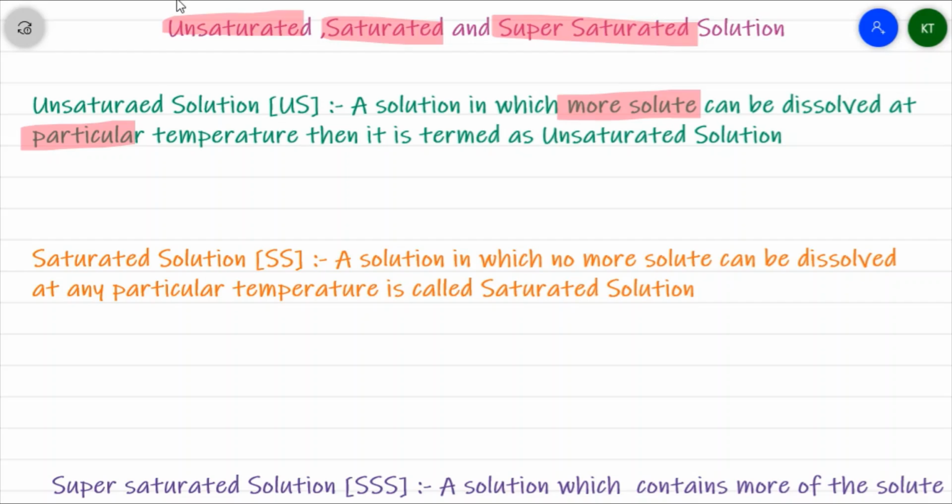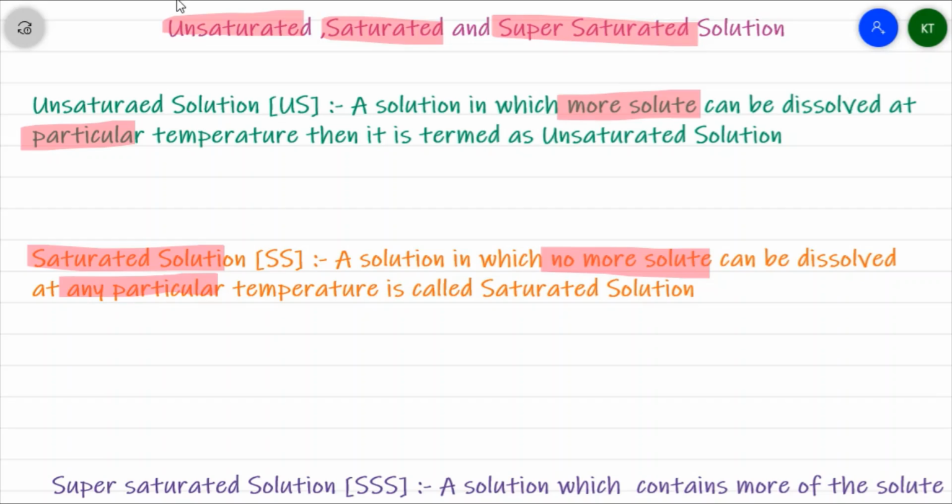Now let us discuss another category, that is saturated solution. A saturated solution is that solution in which we cannot add more solute. So no more solute can dissolve at a particular temperature. Even if we add more, that quantity of solute will remain insoluble or undissolved.